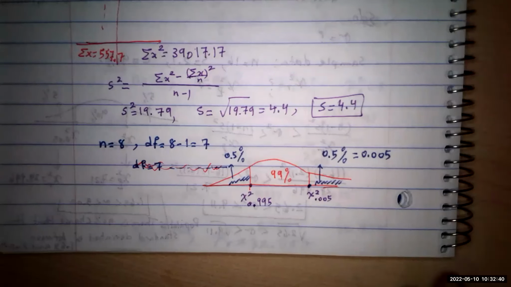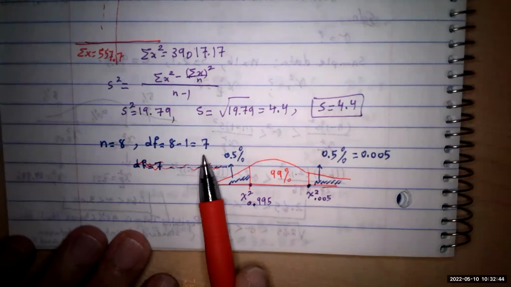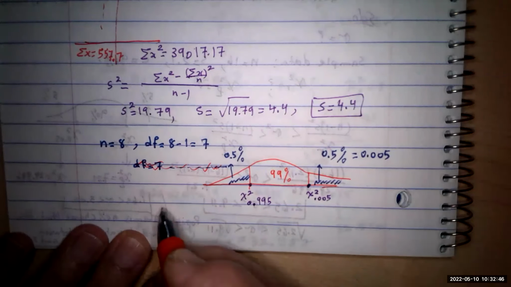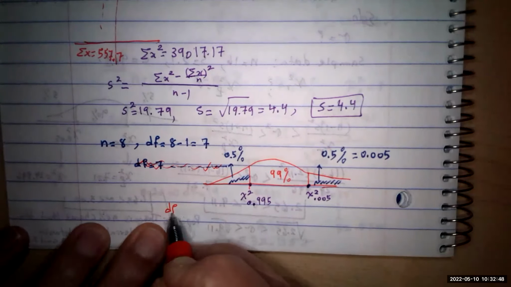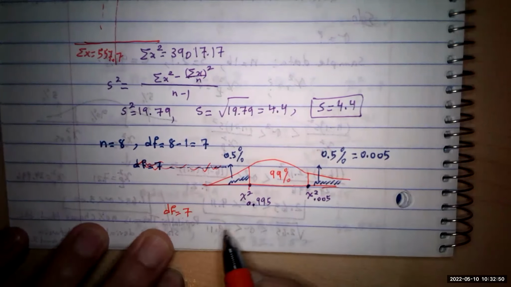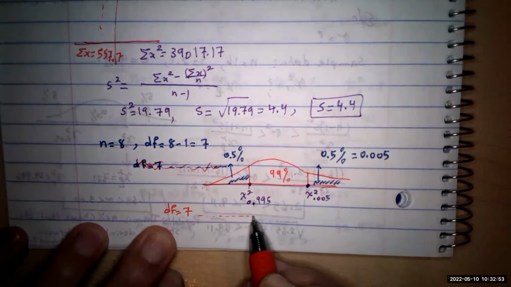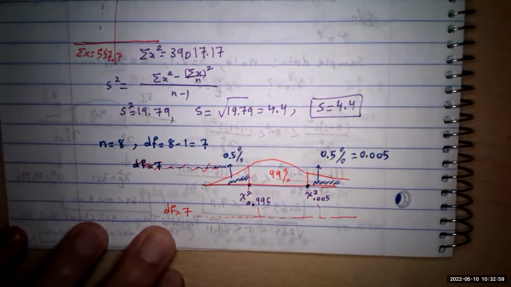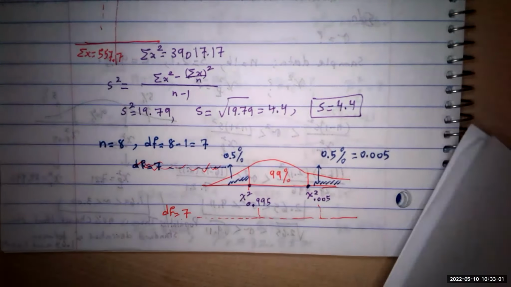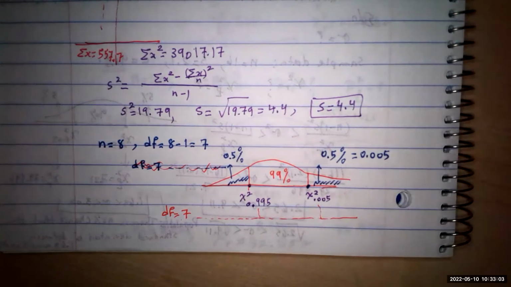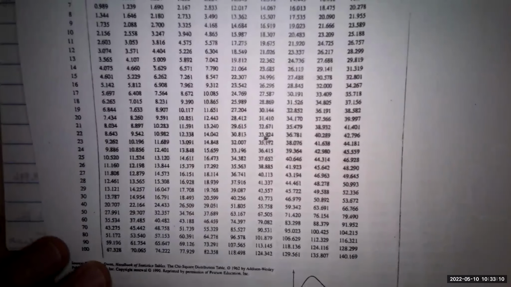So now we go to the table and get these two numbers. The degree of freedom is 7, so d.f. equals 7. And then you move to the table to get these two alphas. That gives you the chi-square to the right and to the left. And this is the table that we have.